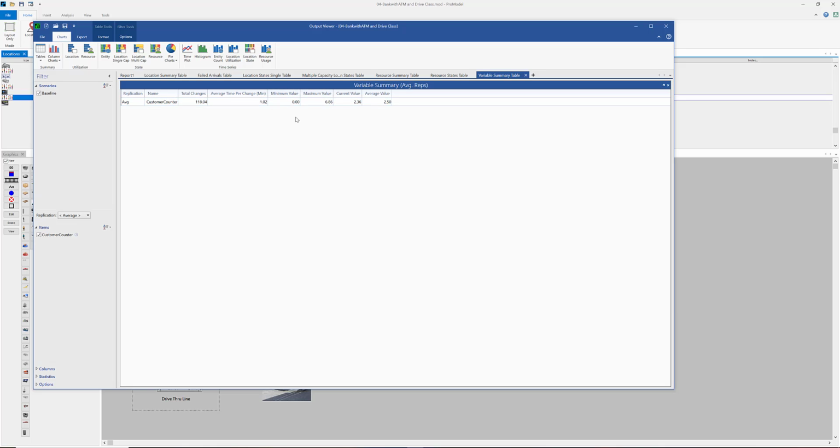Minimum value is 0, maximum value is 6.86. Then the current value, the average value. So we did cover some reasonably advanced topics in terms of resources, and then we did probability based routing and variables.